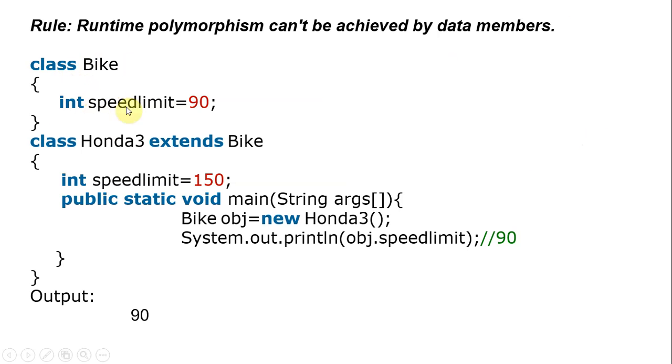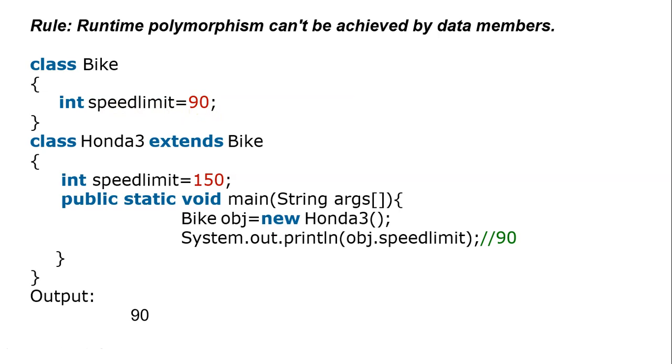Class Bike, we have an int speedLimit 90, and a class Honda3 which extends Bike. Bike is the superclass, Honda3 is the subclass, with int speedLimit equal to 150. Here the data type and the name of the variable are the same, which does not mean that it is overridden.